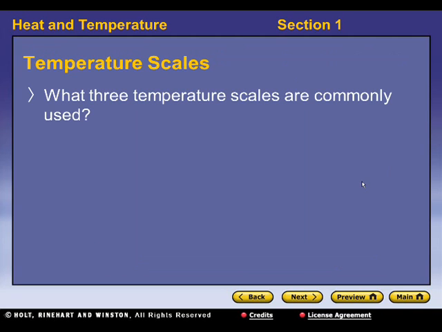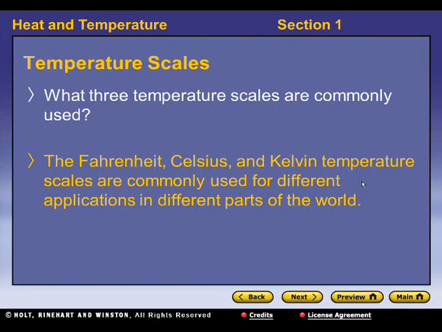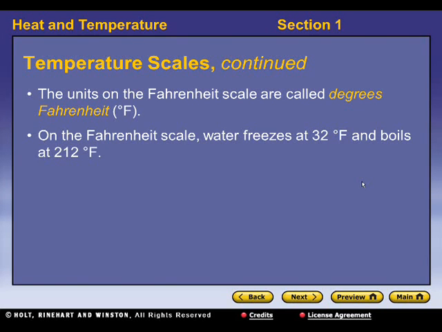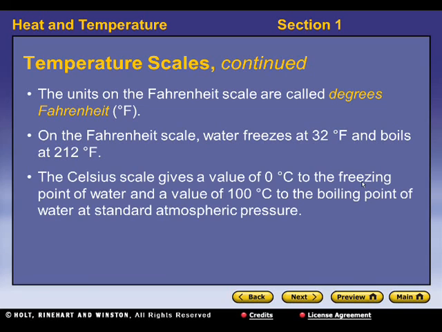Alright, so let's move on here. Temperature scales. What three temperature scales are commonly used? So you have the Fahrenheit, Celsius, and Kelvin temperature scales, commonly used for different applications in different parts of the world. Units on a Fahrenheit scale are called degrees Fahrenheit. On the Fahrenheit scale, water freezes at 32 degrees and boils at 212 degrees.